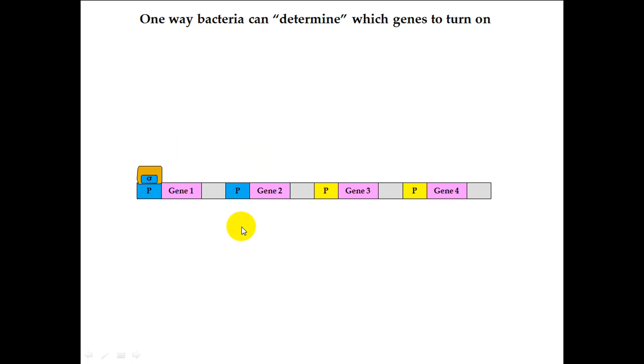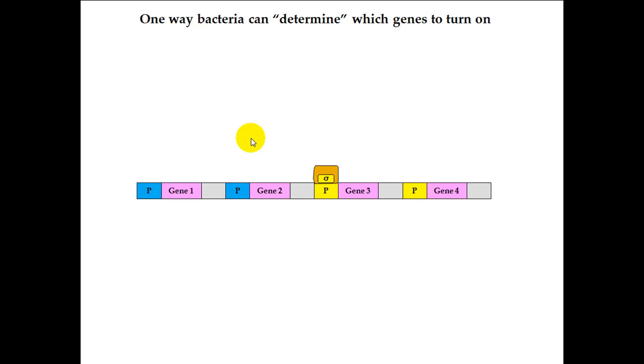If, on the other hand, that RNA polymerase is going to bind to this promoter, it has to associate with a different type of sigma factor, one that will allow it to recognize that specific promoter. So the idea here is that because different genes can have different promoters, RNA polymerase has to associate with the correct sigma factor in order to bind to that promoter.